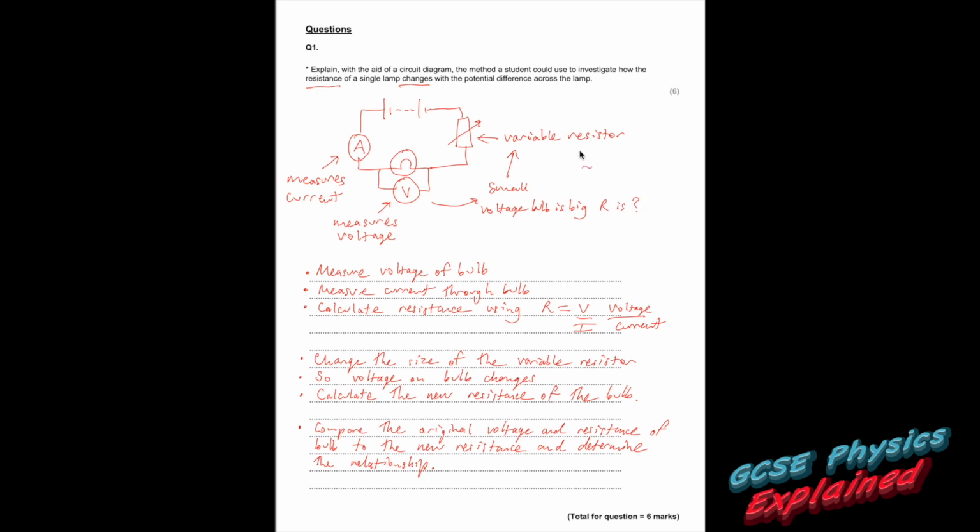Then what you do is make the variable resistor big, and that'll make the voltage on the bulb be small. And then you see what the resistance is. Compare this first resistance of the bulb with the second resistance, and you'll be able to see, as the voltage got smaller, what happened to the resistance.